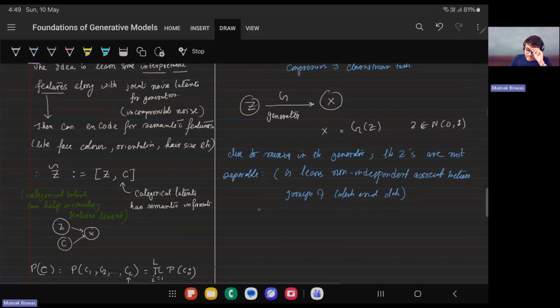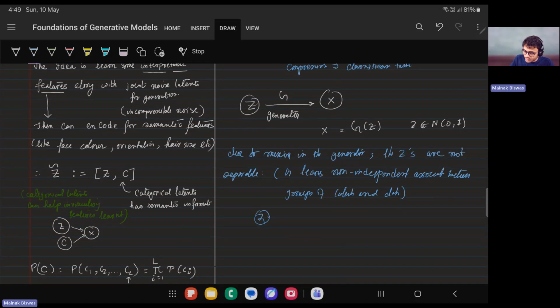So it could model z1 and z2 and use these two jointly to generate one feature. This can happen, and this is a lack of interpretability. We are not good at interpreting when you have multiple latents, when you have joint distributions.